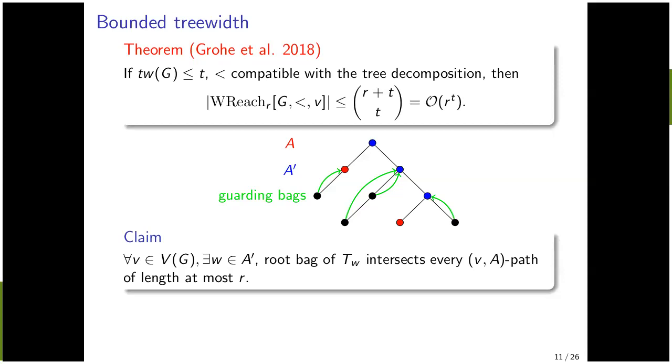And so here we choose W in a small set, the set we build is chosen among a family which is quite small. This is why we were happy. Because now my family of guarding sets is just this family of root bags from TW for W in A prime. So this is a family of sets of bags, and this family has size at most the size of A prime, which is at most R to the T times the size of A.